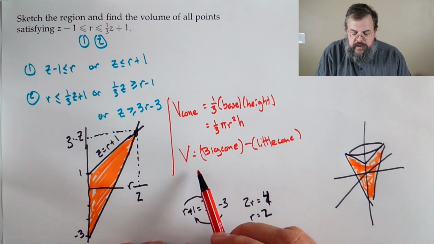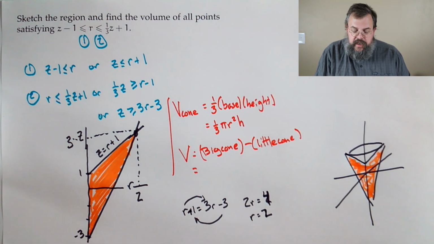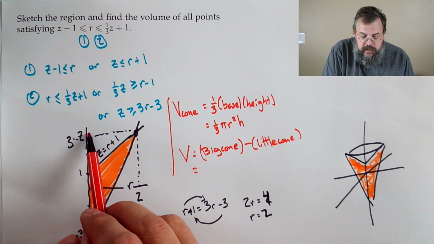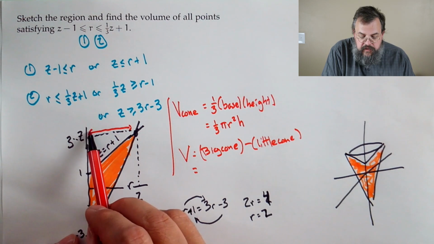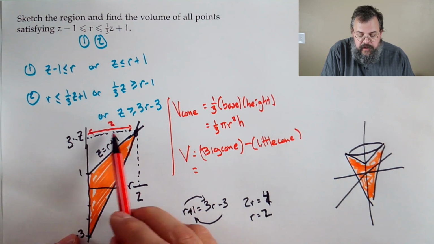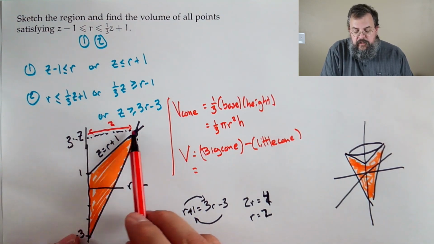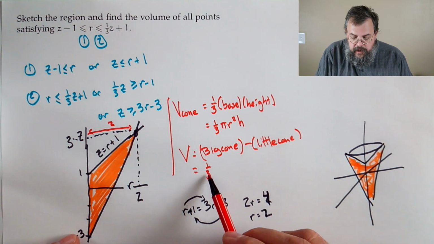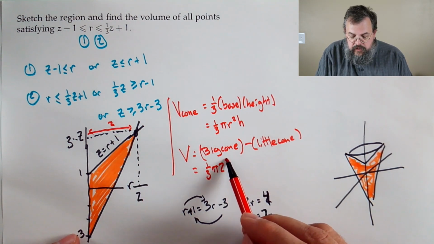So let's think about the big cone. What's true? Well, first off, what's the radius? The radius is going to be, in both cases for big or small, always 2. So it's this distance across. So it's going to be 1/3 pi 2 squared.